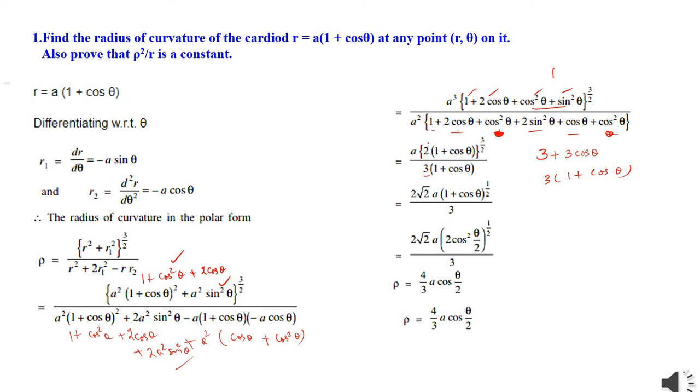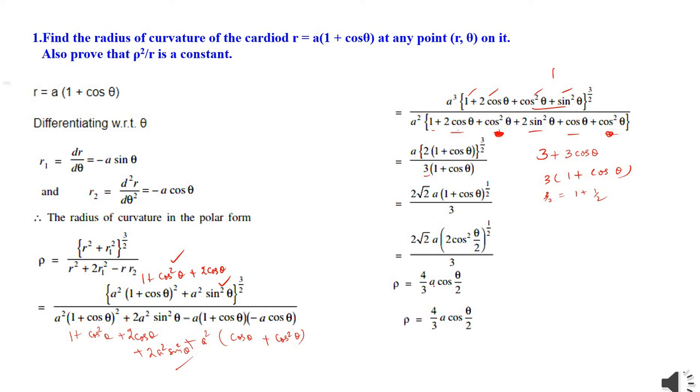In the numerator, you have already 2 into 1 plus cos theta. So here it is a cube, here it is a square, just get a. And this you can rewrite as 2 root 2, this a is written as such, and 1 plus cos theta to the power 3 by 2 is 1 plus cos theta to the power 1 plus half. So you have 1 plus cos theta, and you have the formula 2 cos square theta by 2.